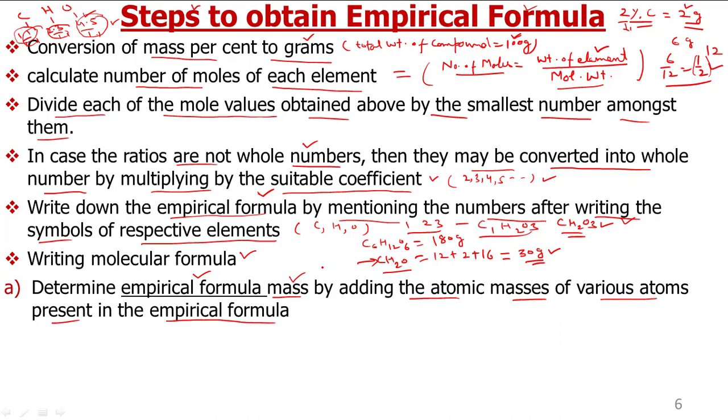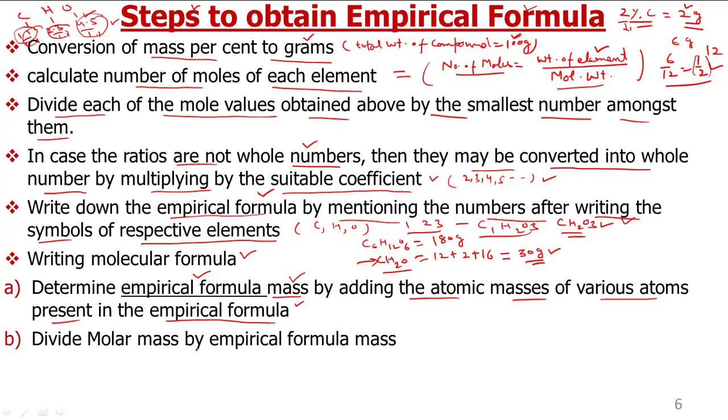Just like we calculate molecular weight from the molecular formula, similarly we calculate empirical formula weight from the empirical formula. The next step is to divide the molar mass by the empirical formula mass. Its molar mass was 180, the empirical formula mass is 30, so we divide 180 by 30, which is equal to 6.